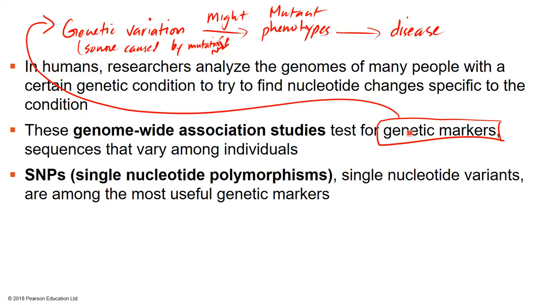And some of these genetic markers are found in people who have genetic diseases, or people who might have some mutant phenotypes. Okay. So an example of genetic markers are single nucleotide polymorphisms, or for short, they are called SNPs. Okay. Let me stop here.